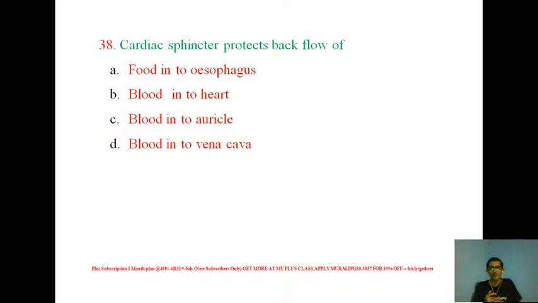In the case of vomiting, an extra amount of pressure and energy is required to push the food from the stomach into the esophagus, because that sphincter guards against the backflow of food.